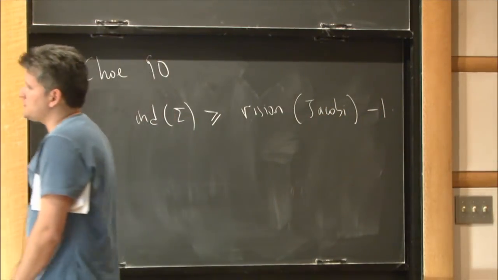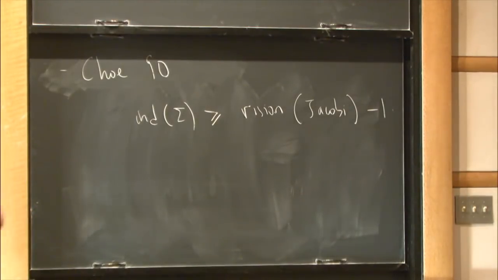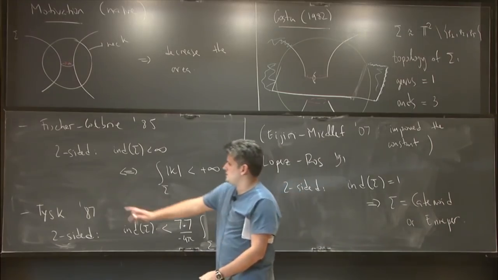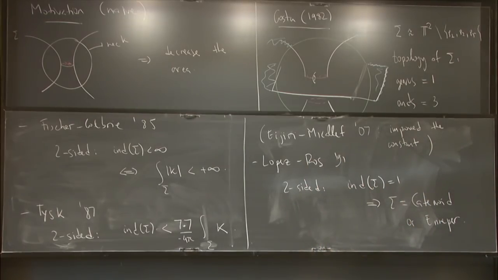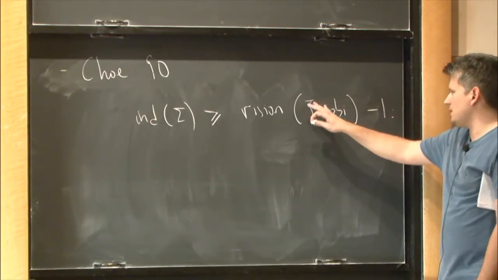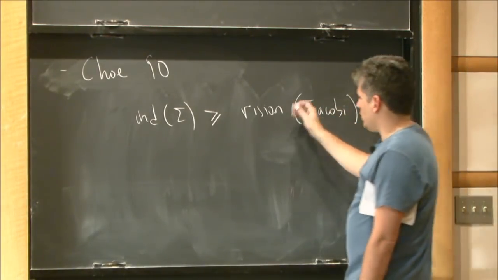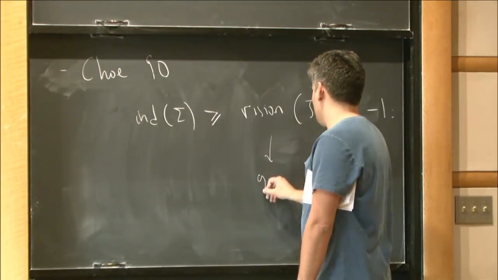I think he recaptures this theorem, he recaptures that one using this point of view. So it's somehow an adaptation of the conjugate point.